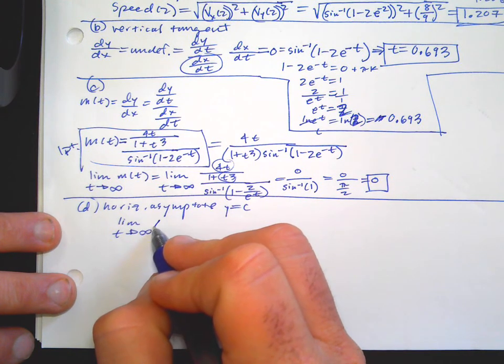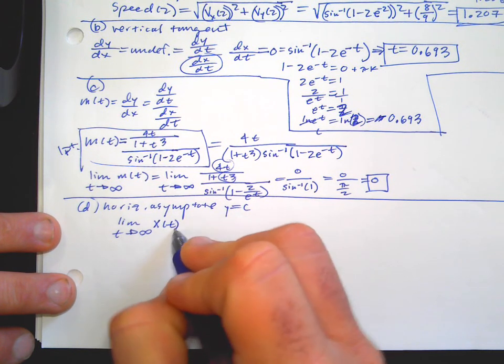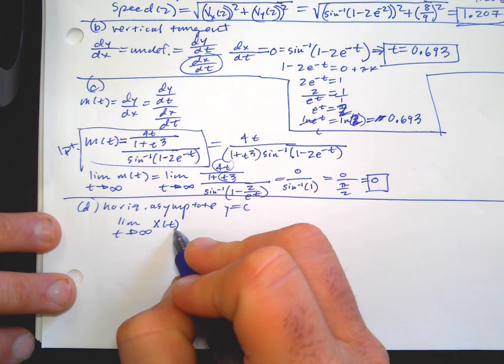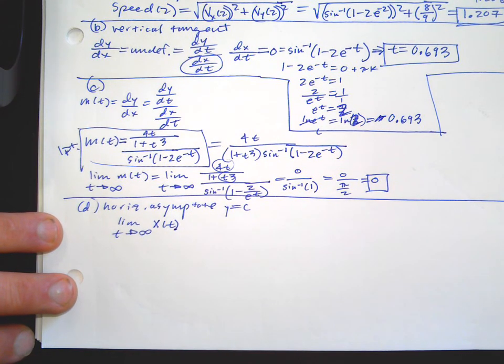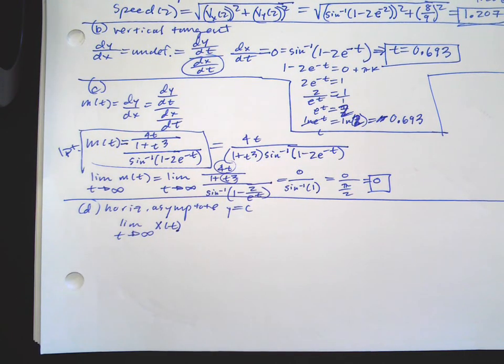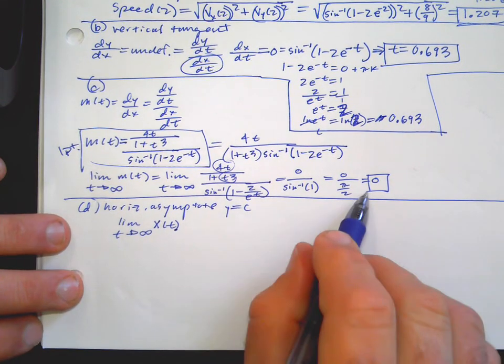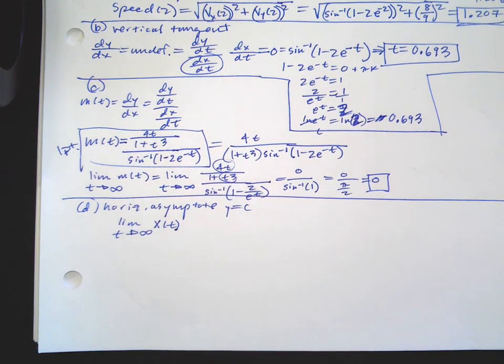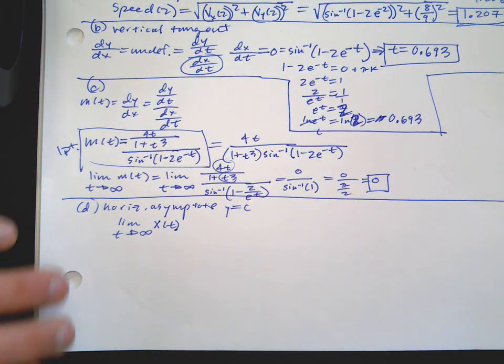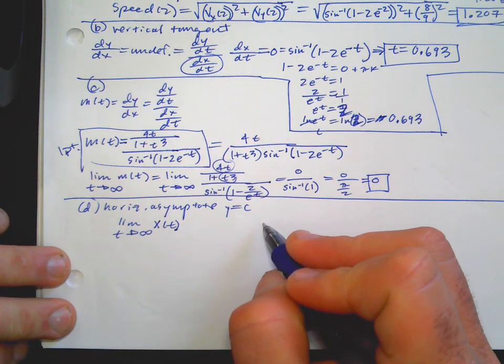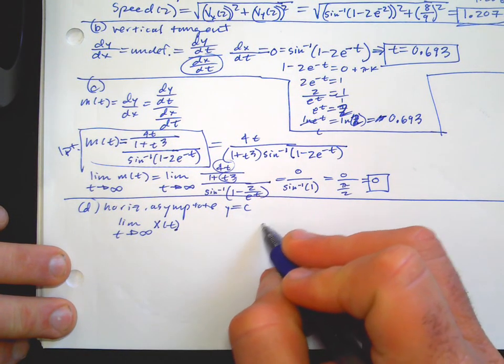So if we do it for x, which, let's see, we don't have an expression for. I think we just confirmed that the slope is 0. This is a little trickier. So how do we find what that y value is?